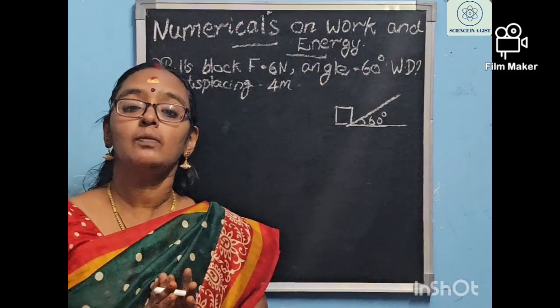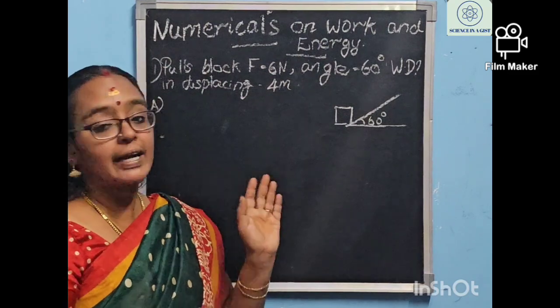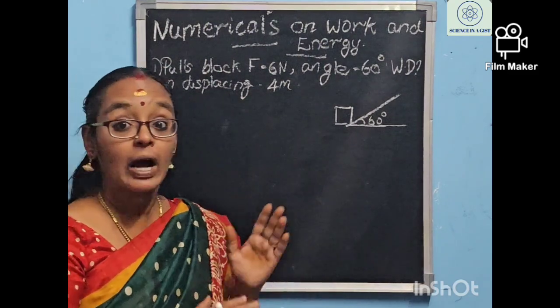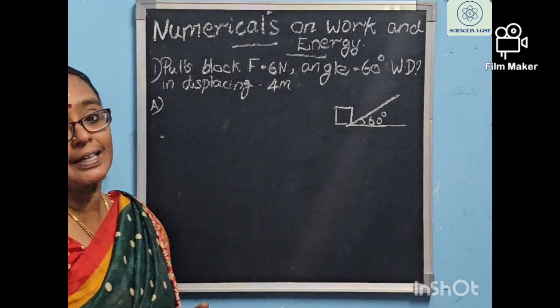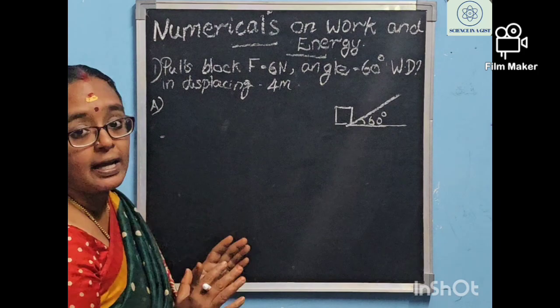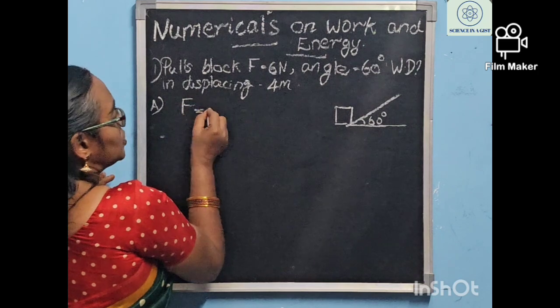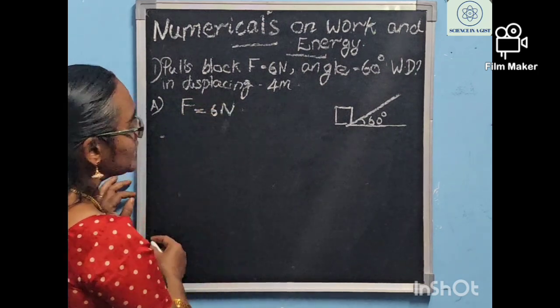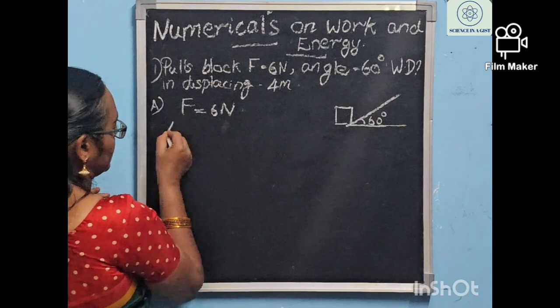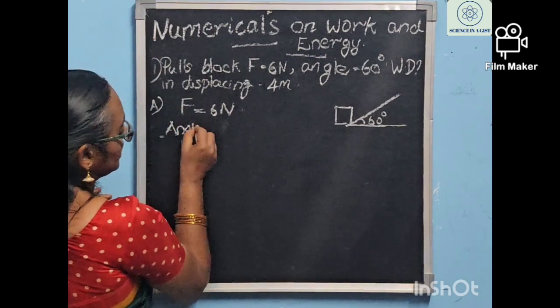What is the first rule when we are seeing a numerical problem? Read the question thoroughly. We have read and understood the question. What is the second thing? You have to write the terms which have been given here. Given F is equal to 6 Newton. Second, the angle is equal to 60 degree.